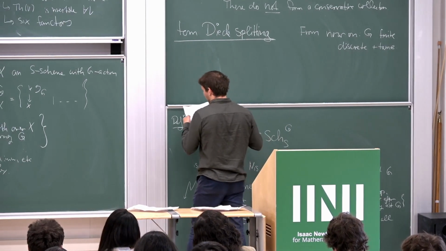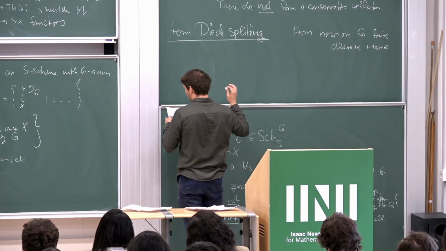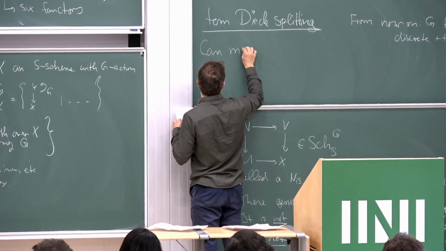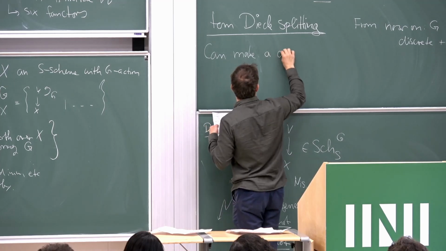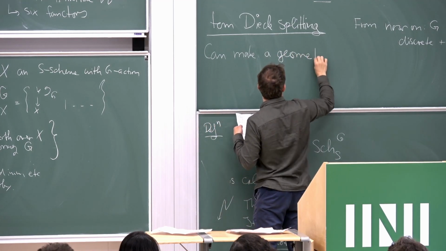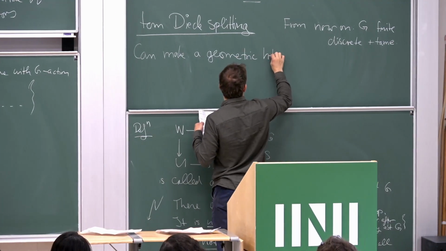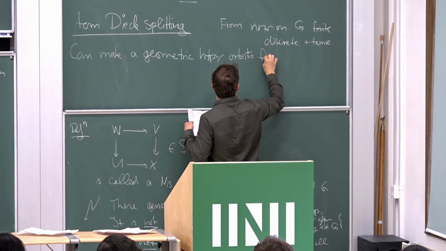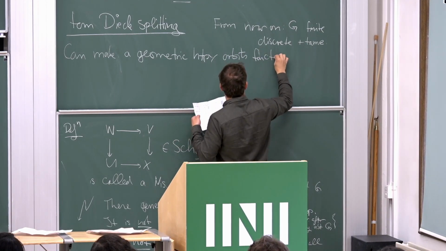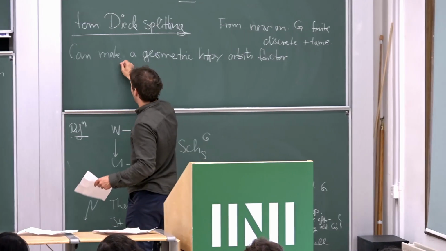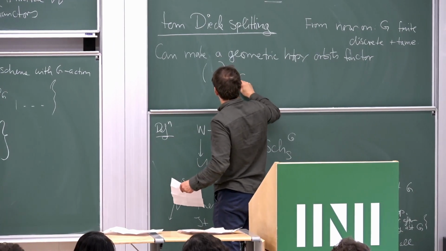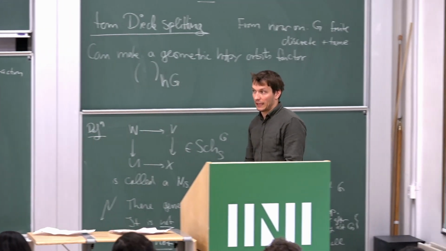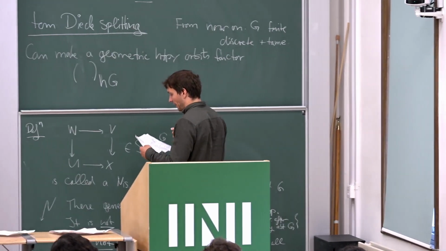Okay, so this is already a fixed point functor, I've asserted that, and I can make a geometric homotopy orbits functor. I will denote it like H_G, except I'm supposed to use a blackboard bold H to remind myself that it's some fancy thing.